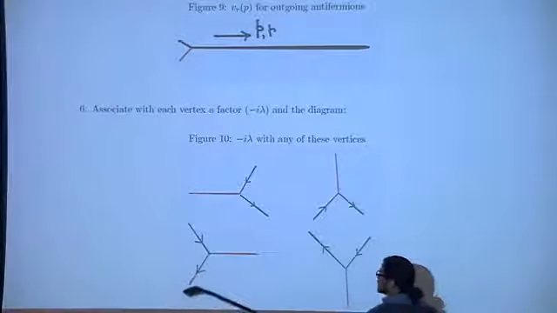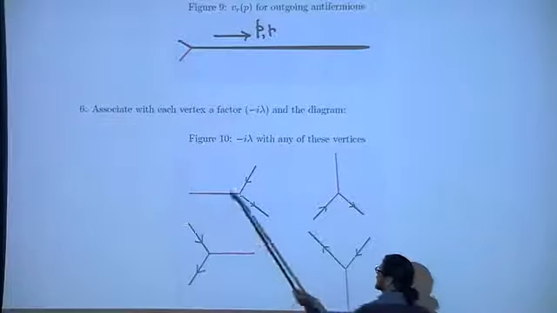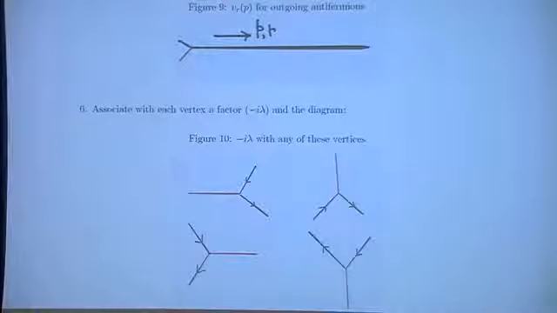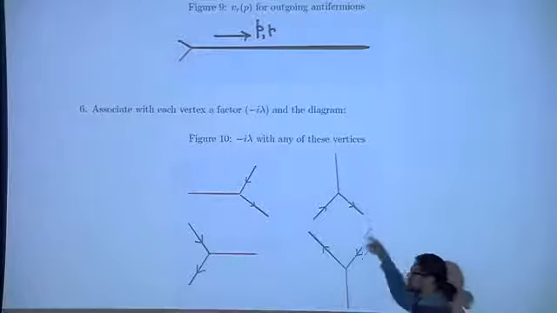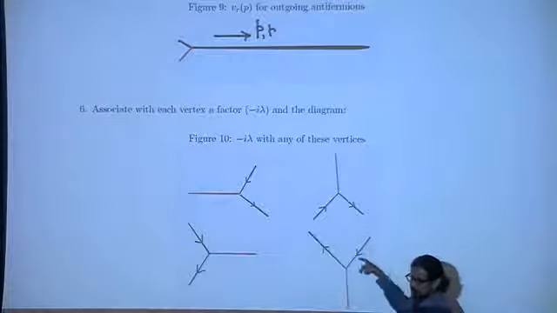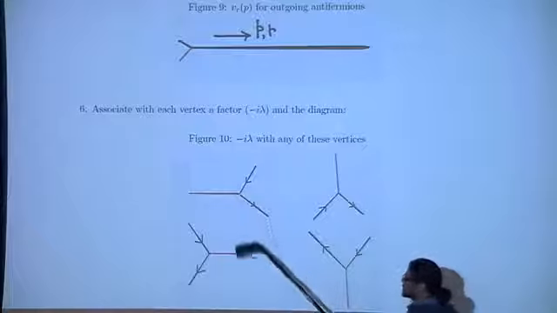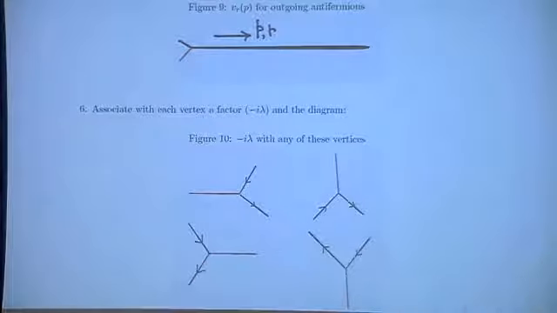So the arrow could be coming in like this, going out like that. And here the arrow could be going like that, coming out like that. So with all of these things, you associate -iλ. But for our purposes, it's really these ones which we are using. We haven't used these ones for this diagram.